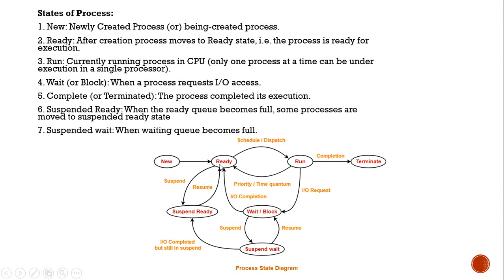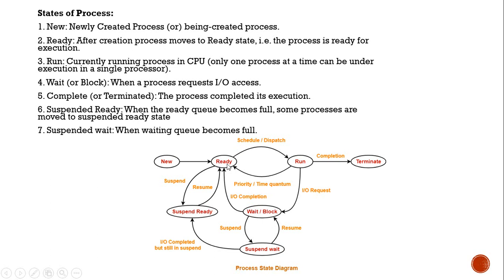While in the ready state we can have many processes, because many processes can be ready for execution. Okay. Next is your run state or running state. In this state we have only one process at a time, because in a uniprocessor system we can assign the CPU to only one process. Okay. But we have discussed that in the ready state we can have n number of processes.